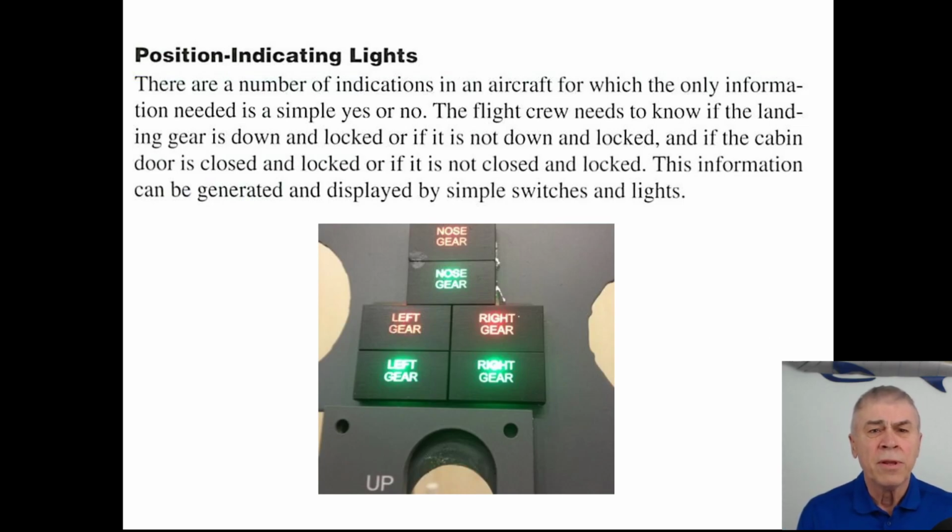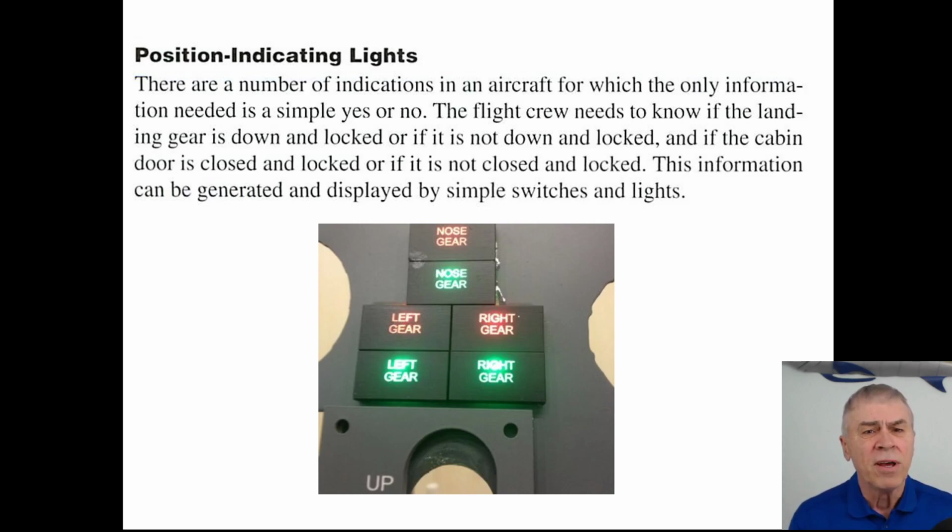The most common that we're going to see, and the most common that have faults, are the landing gear lights. They don't always light up correctly with what the gear is doing. It's a frequent problem, and the more you deal with it, the much better you'll get at troubleshooting and determining if there's a fault.